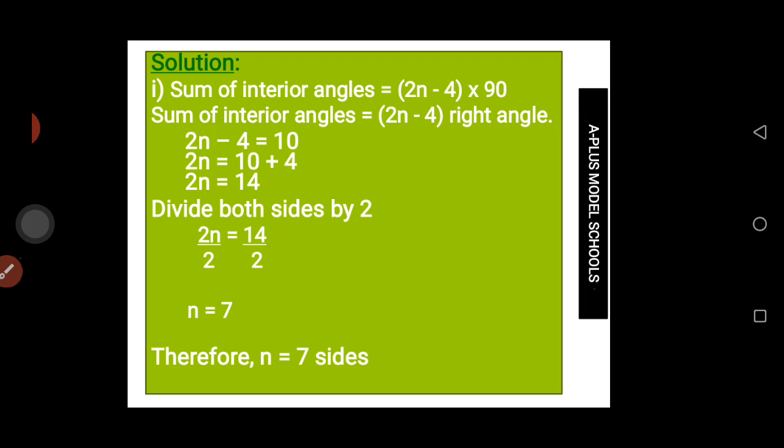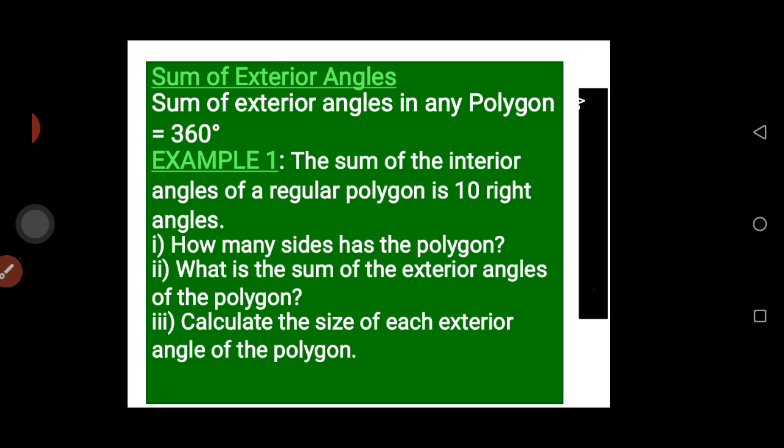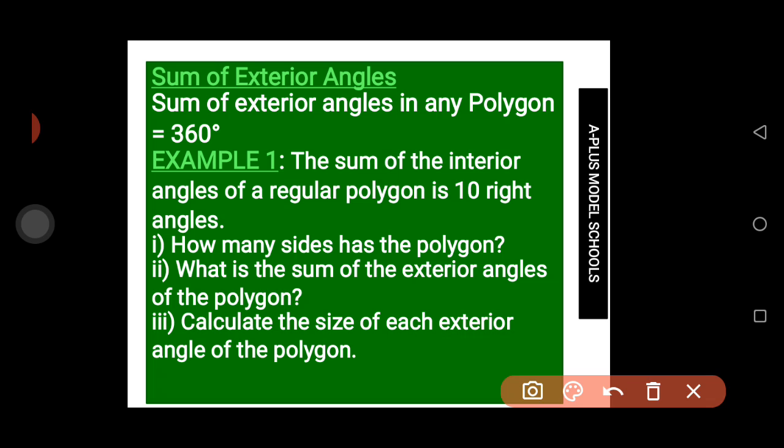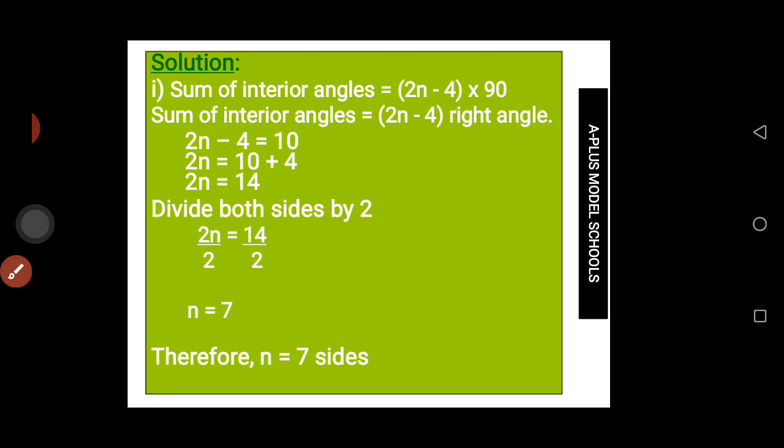So here we have the sum of interior angles when we are given right angles to be (2n minus 4) times 90 degrees, which is a right angle. Here, the number of right angles is substituted by the number we are given from the question, which is 10. You can see here is the one I underlined, which we have 10 right angles. So here we have 2n minus 4 is equal to 10, which is the number of right angles.